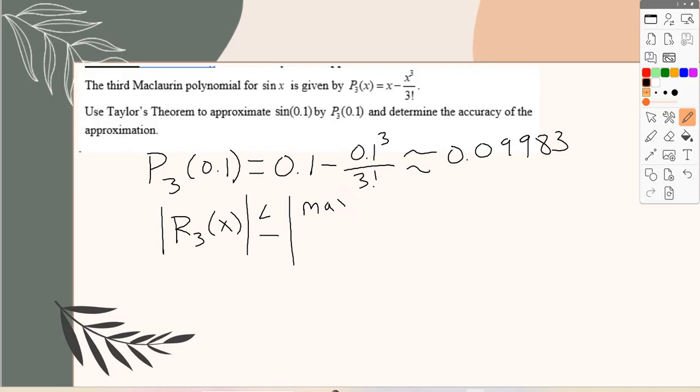Okay, the maximum of f, and then my n plus 1, 4 again, of z, divided by, what's on bottom? 4 factorial times x to the 4th. Are we all okay with that? Because we have a Maclaurin here, so my c is 0. Yes, no, maybe?